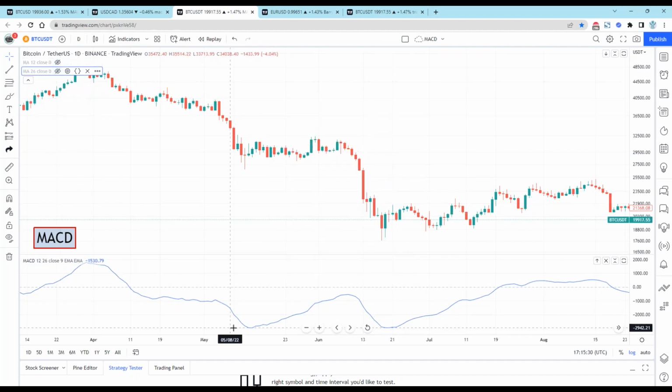So this blue line down below contains all the information that we had in the 12 and the 26 period on our chart. And what is this? This blue line is just the difference between the 12 and the 26. Now the blue line is centered on what we call a zero line.